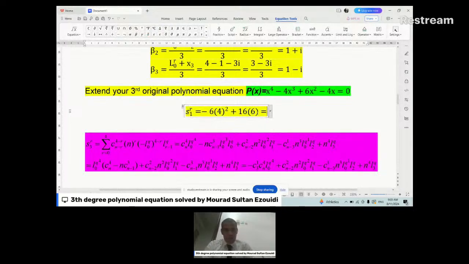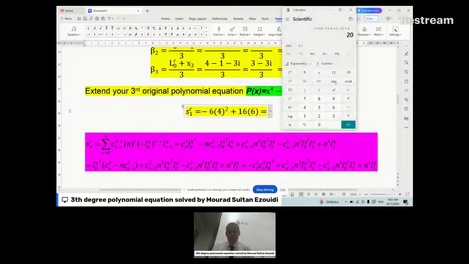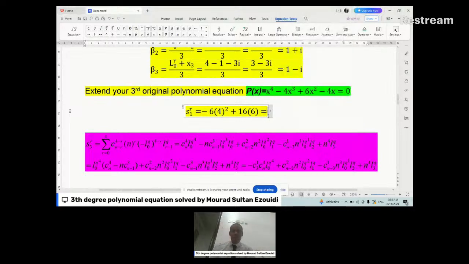This one you can use a calculator. This is S1, learners. It will be negative 6 times 16 plus 16 times 6. I first got negative 12, but I'll check again. Negative 6 times 16 plus 16 times 6 equals 0 here, not 12.